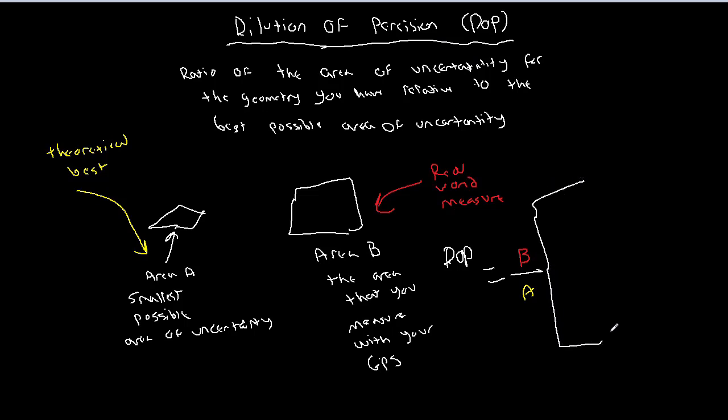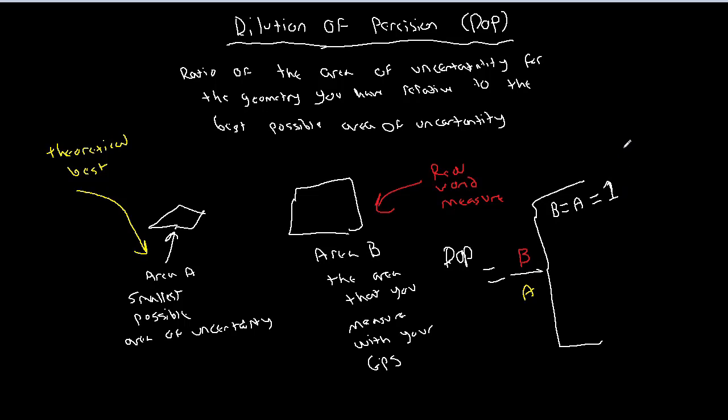Well, in the best case scenario, what can happen is that our B equals A, right? The best possible scenario we could have would be that B equals A. And in a ratio, if the numerator equals the denominator, we get a value of 1.